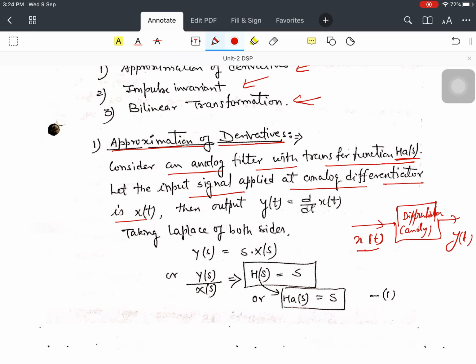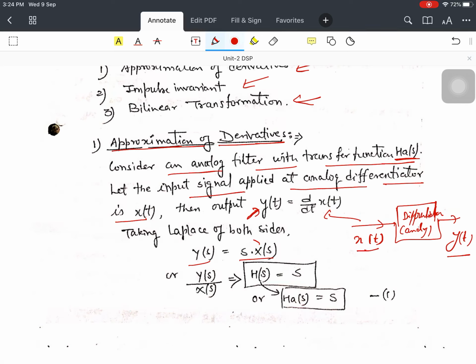When you give x(t) and get y(t), the equation is y(t) = d/dt of x(t). When you take the Laplace transform of this equation, using the derivative property of the Laplace transform, you will get Y(s) = s into X(s).